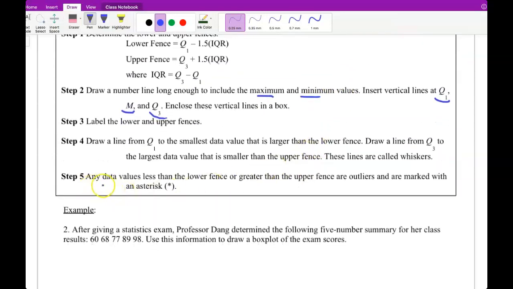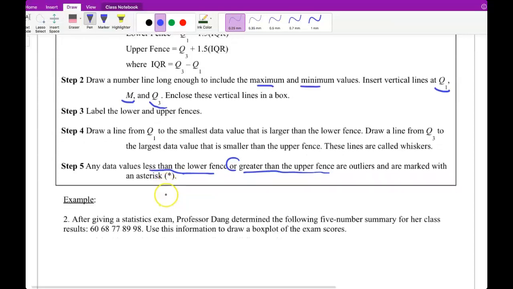And then finally, outliers. Any data values less than the lower fence or greater than the upper fence are outliers. And for an outlier, we're going to use a star.